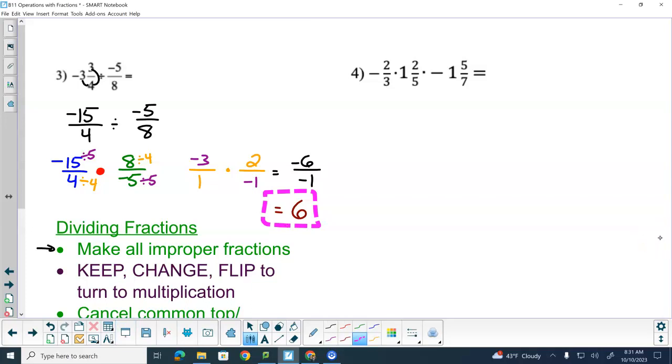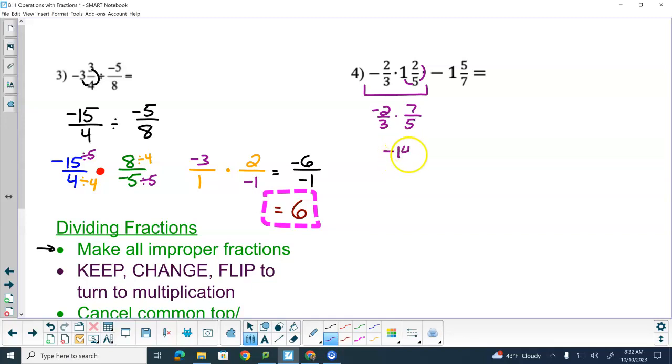All right, so now we got this one. We can handle this one. I'm not worried about it. First thing that we've got to do is do this part in here. So negative 2/3 times 5 plus 2 is 7/5. So that's going to be what?